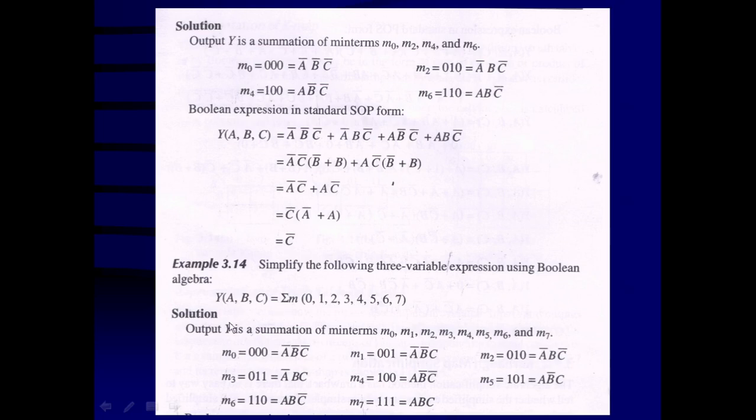That means you can write for M0, 0, 0, 0, A bar, B bar, C bar, M1, 0, 0, 1, that is equal to A bar, B bar, C, M2, that is 0, 1, 0, A bar, B, C bar, M3, 0, 1, 1, A bar, B, C, M4, 1, 0, 0, that is equal to A, B bar, C bar, M5, 1, 0, 1, that is equal to A, B bar, C, M6, that is equal to 1, 1, 0, that is equal to A, B, C bar and M7, that is equal to 1, 1, 1, that is equal to ABC.